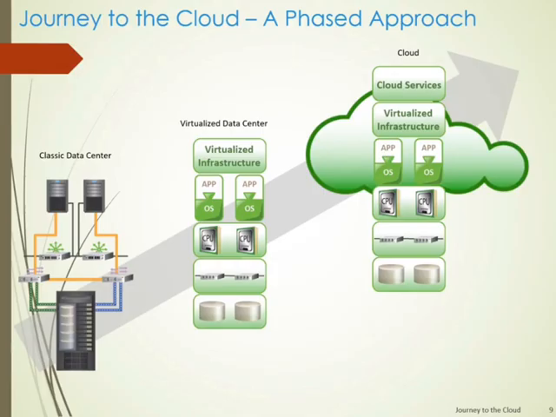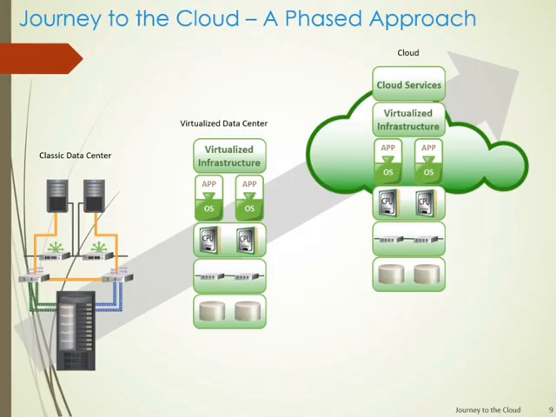So, journey to the cloud, a phased approach. Here, virtualization abstracts physical resources such as compute, storage, and network to function as logical resources. It creates an abstraction layer to hide the physical characteristics of resources from the user. For example, in compute system virtualization, a physical machine appears as multiple logical machines, that is virtual machines, each running an operating system concurrently.